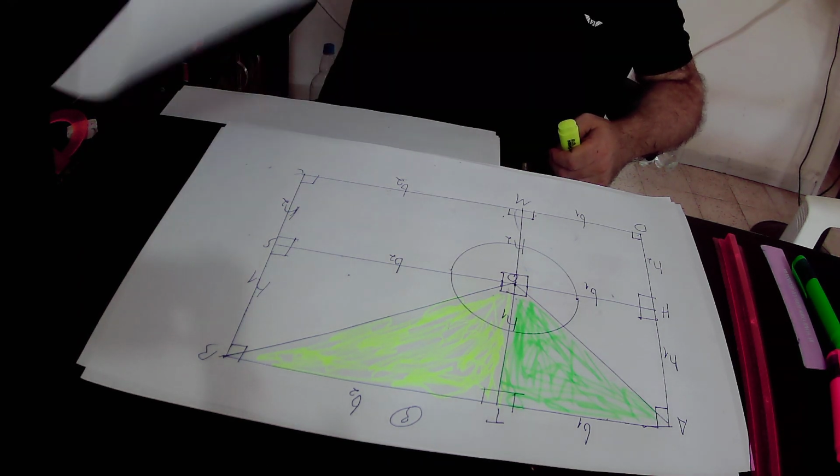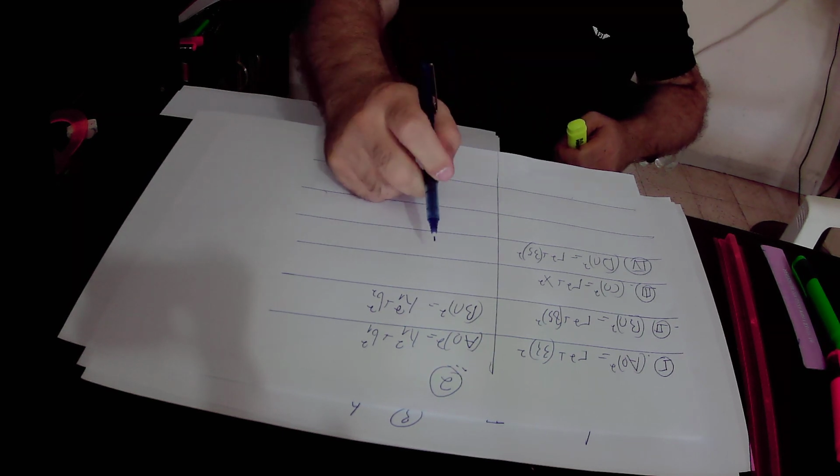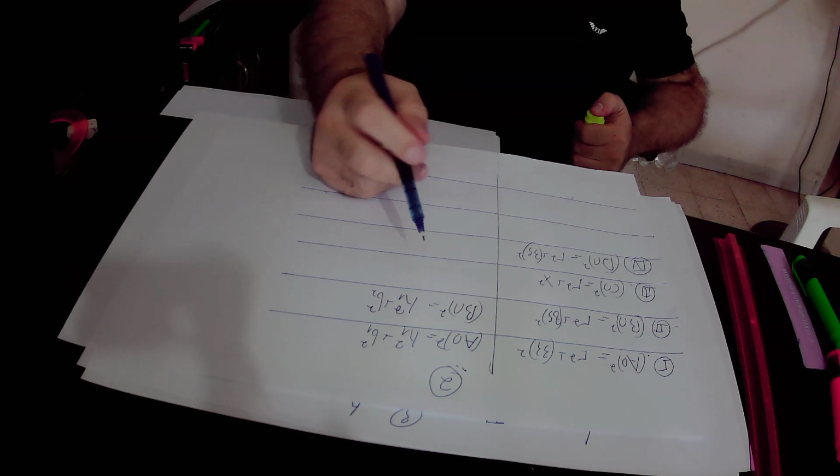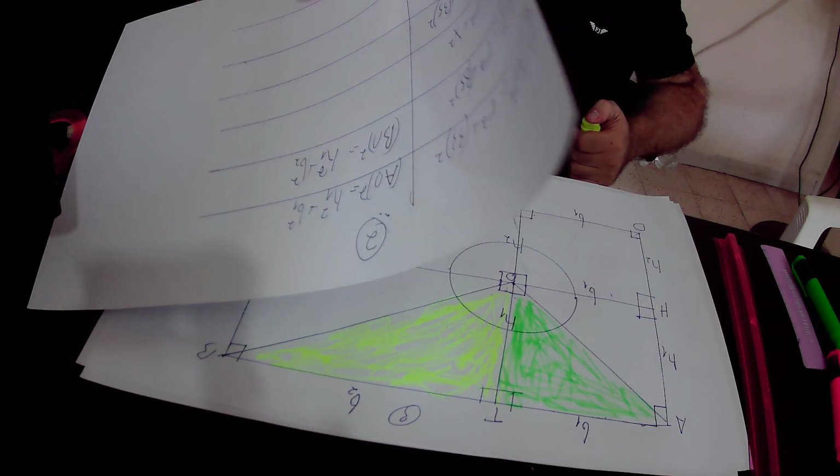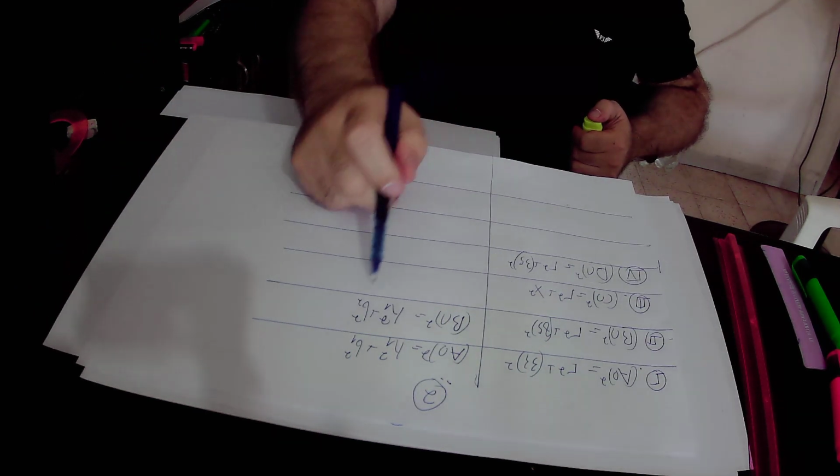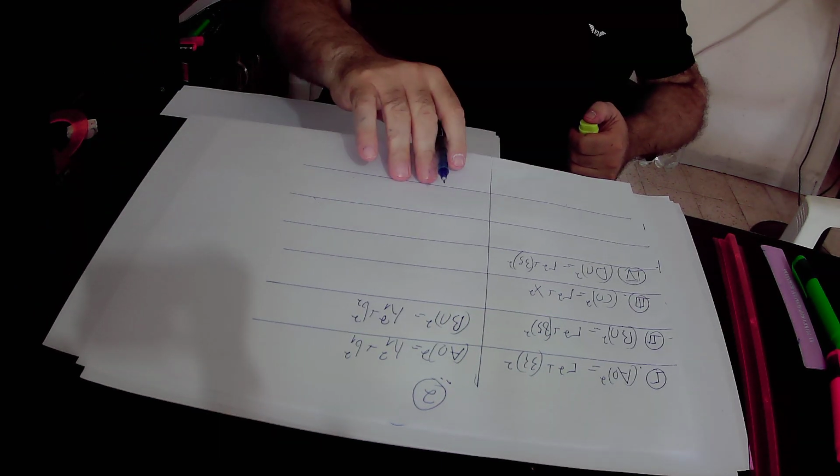Repeat again, in the yellow right triangle, triangle BOT, BO square equals H1 square plus B2 square.